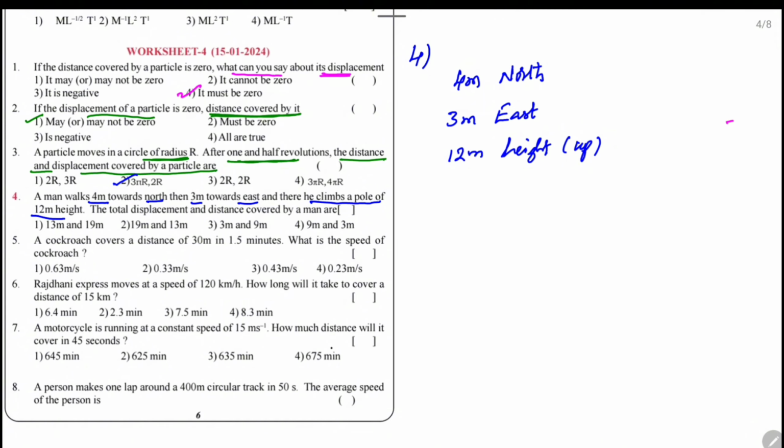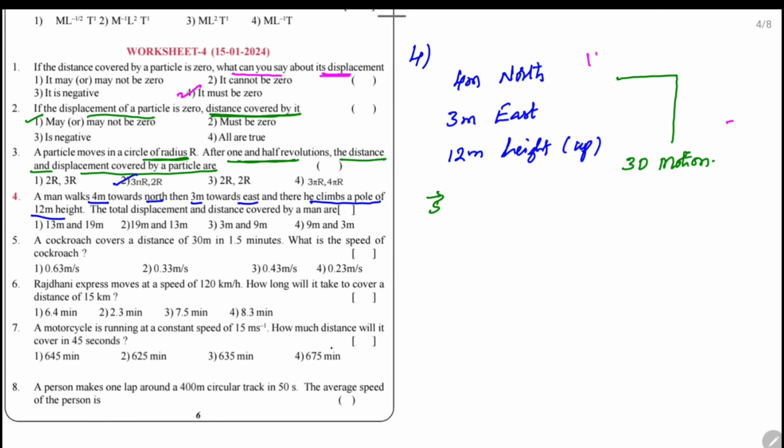Clear? Can you draw this on a plane, I mean on a paper? No, because it is three-dimensional. See, this is north, east, and from here he is climbing up. You can't draw that here. So it is a three-dimensional motion. When you have three-dimensional motion, to calculate displacement, use your vector knowledge.